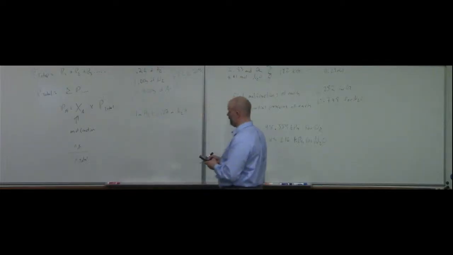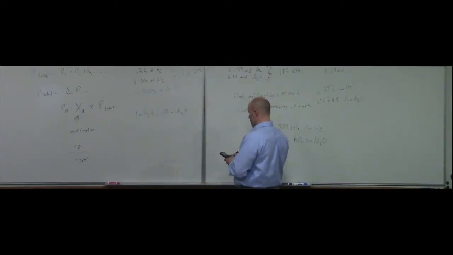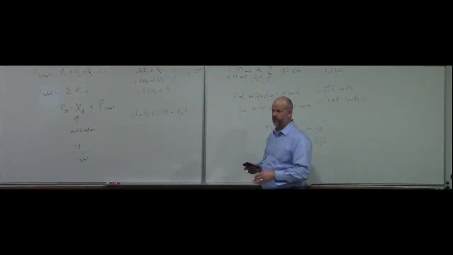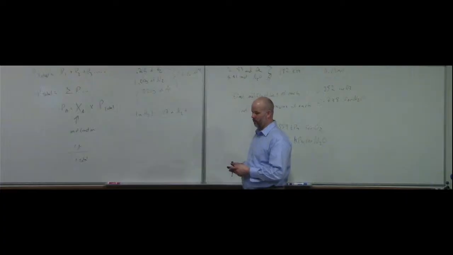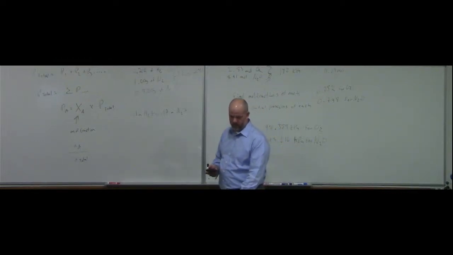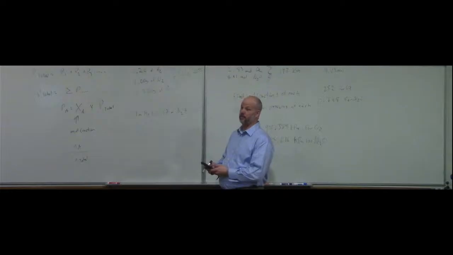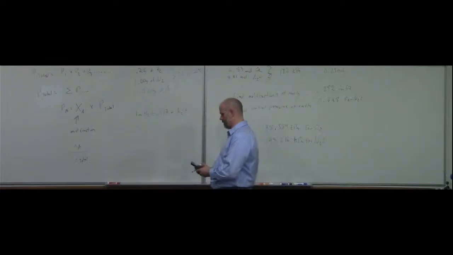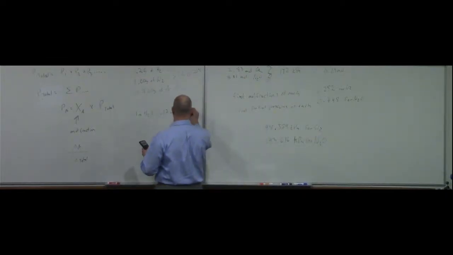And then 0.820 divided by the molecular weight of argon, which is monatomic, 39.94, so we have 0.02 moles of argon.